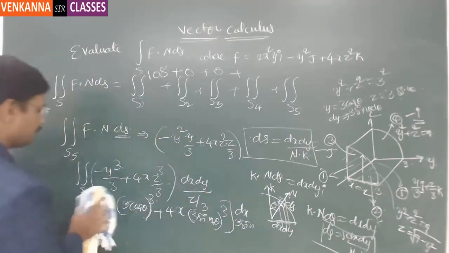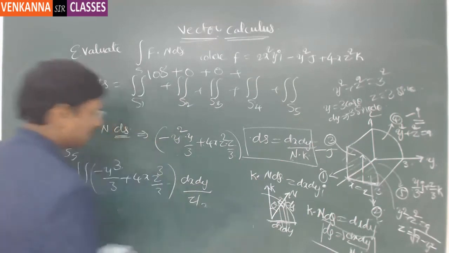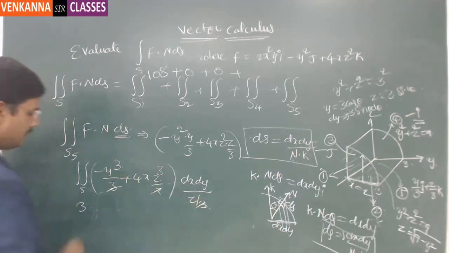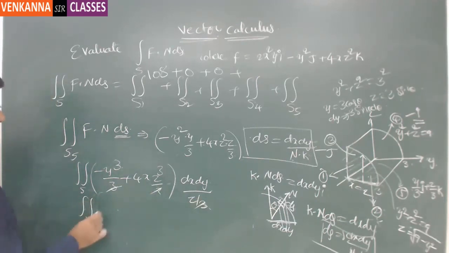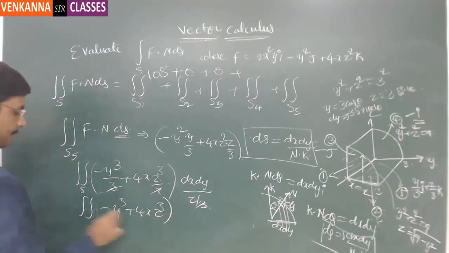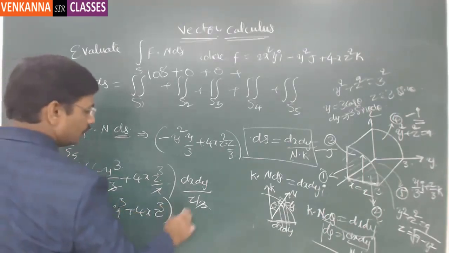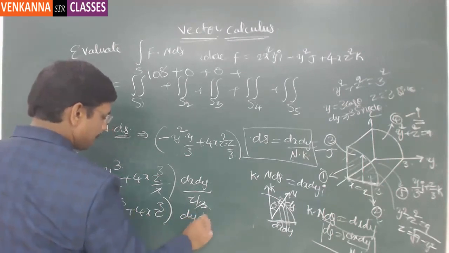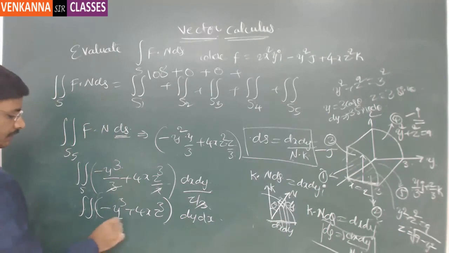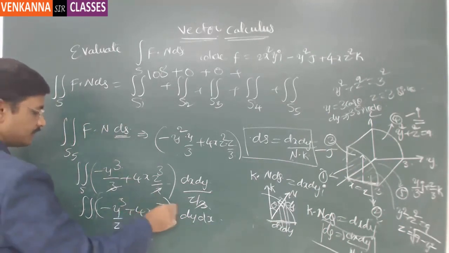We'll simplify this, 3 comes out and this 3 will cancel, and then double integral minus y cube plus 4x z cube into dx dy, and then 1 by z if you take it, this is by z and this is going to be z square.